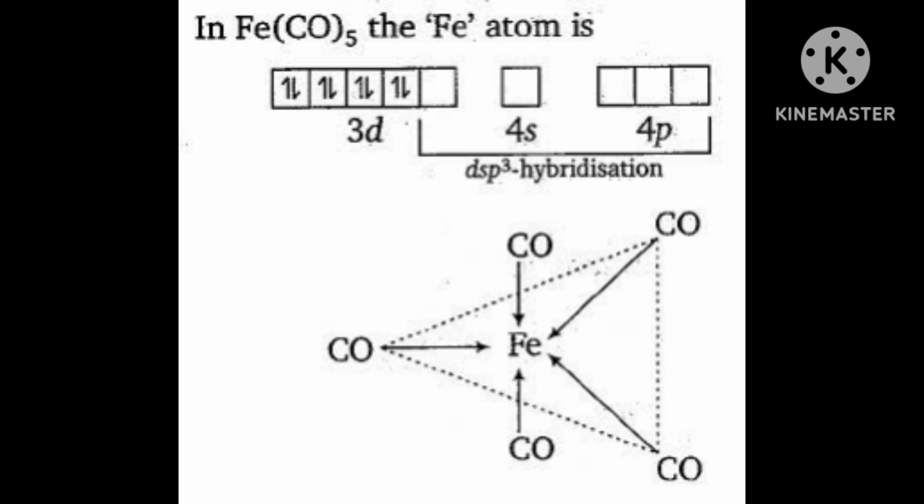If we take as an example the stepwise formation of the cuprammonium ion, Cu(NH3), then what will happen? Same way, Cu is 2 plus.